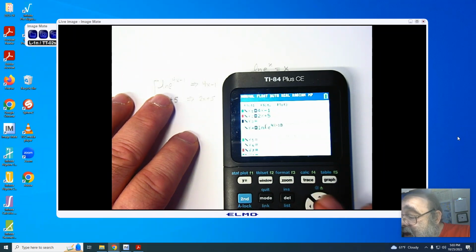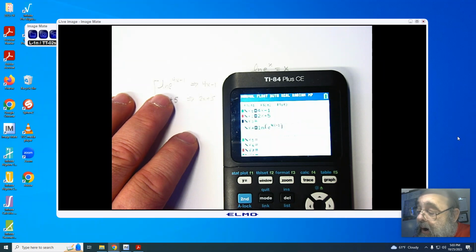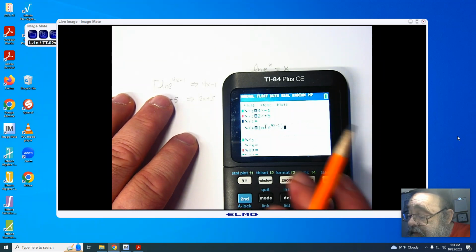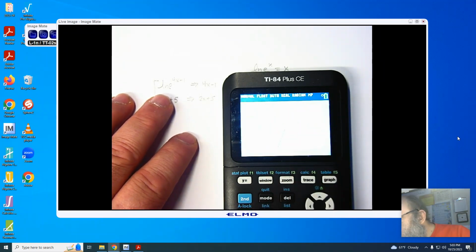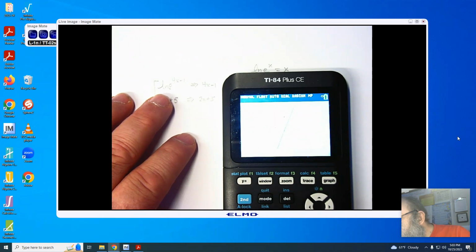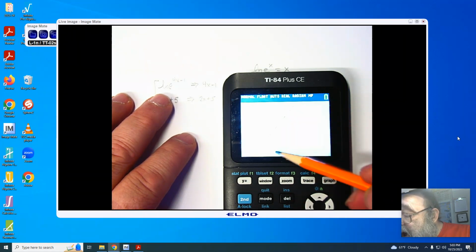Now, when I graph these, you're going to notice the blue line gets covered over by this magenta line. We'll do a zoom 6 and see what happens. See how that magenta line just covered the blue line?